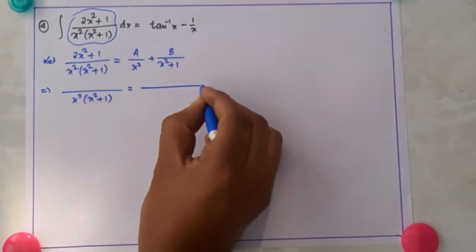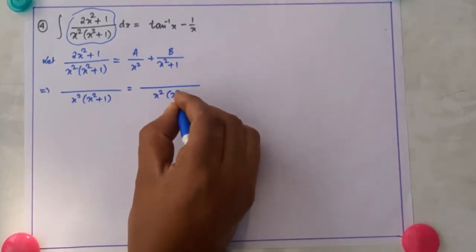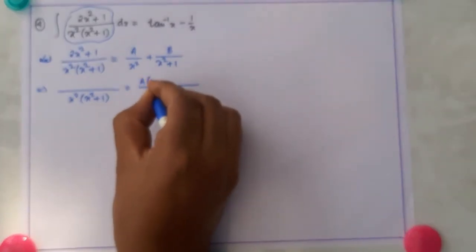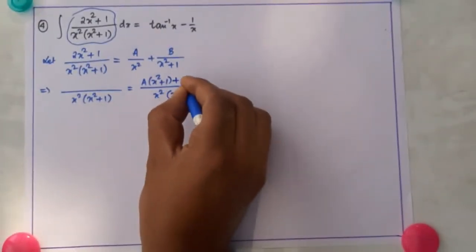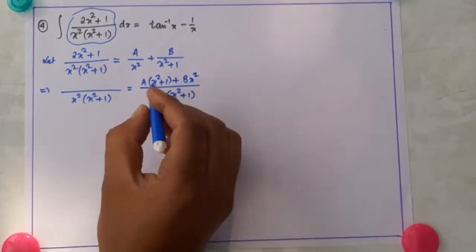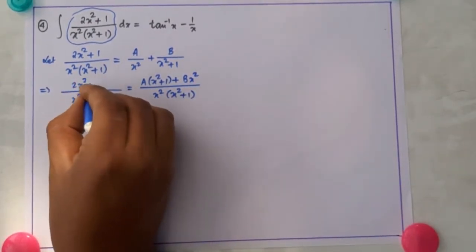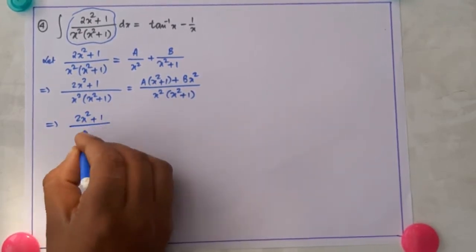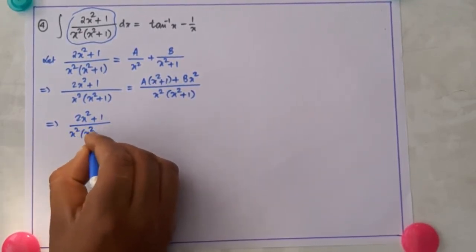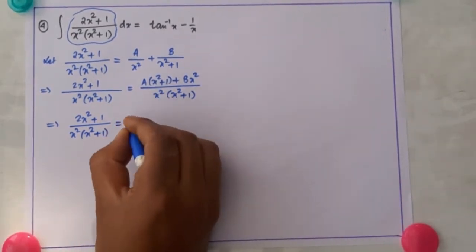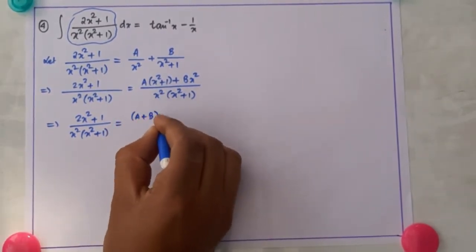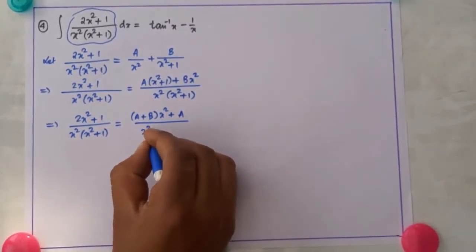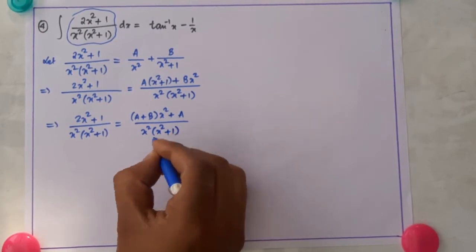Let's first simplify this. So you have a into (x square plus 1) plus b x square, isn't it? So this becomes 2x square plus 1 divided by x square into x square plus 1 is equal to a plus b x square, plus a, by x square into x square plus 1.